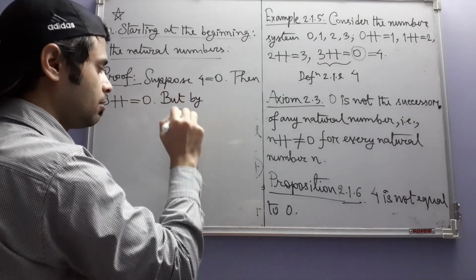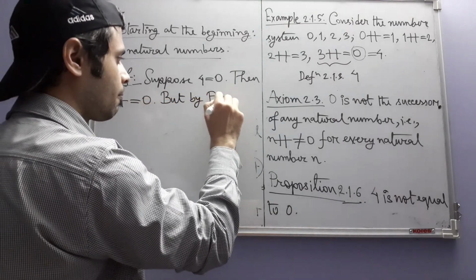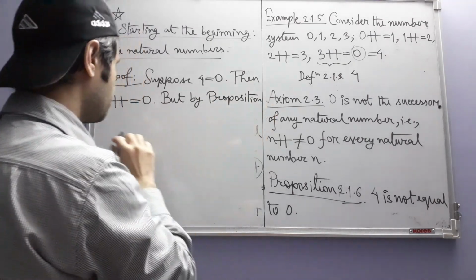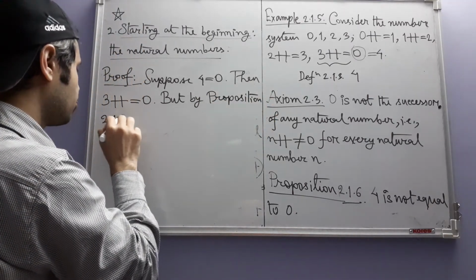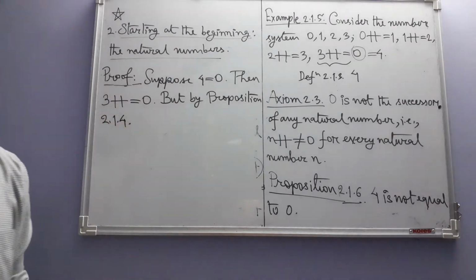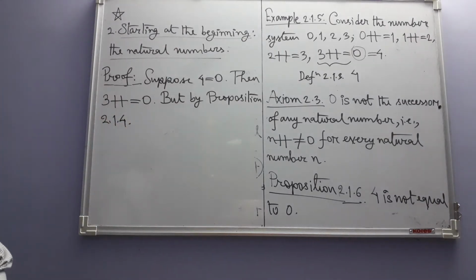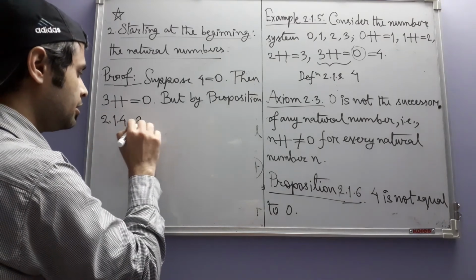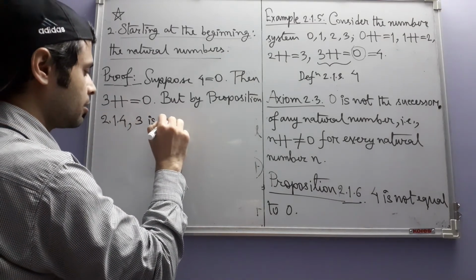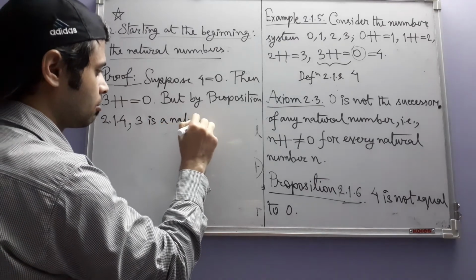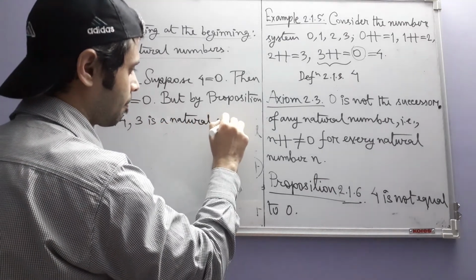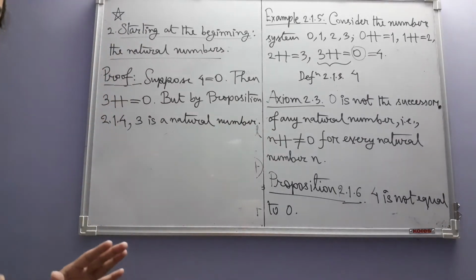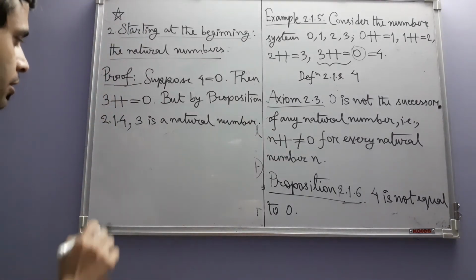But by proposition 2.1.4, I think, in proposition 2.1.4, 3 is a natural number. In that proposition, we have proved that 3 is a natural number.